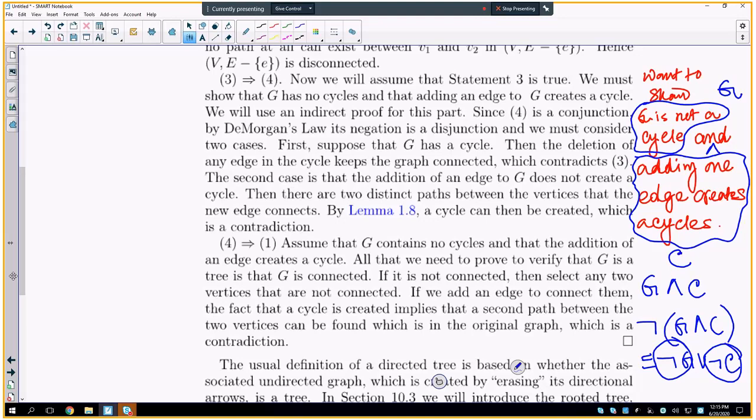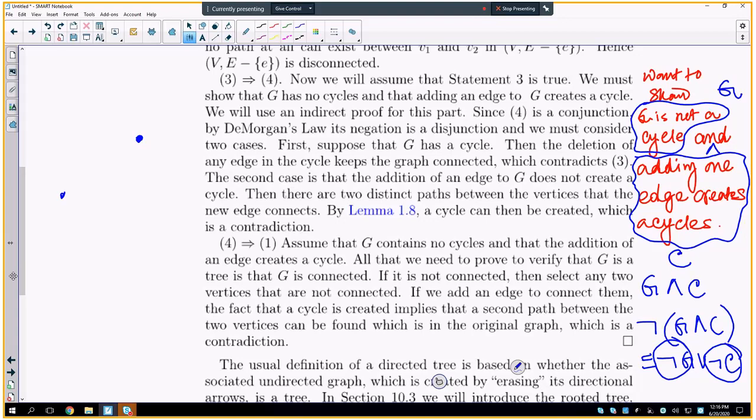So I have 2 distinct vertices in the graph in a way so that the second case, when it is saying that addition of an edge to G does not create a cycle, then there must be 2 distinct paths between the vertices that the new edge connects.